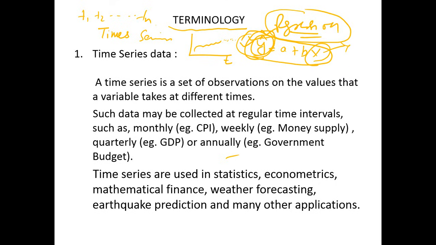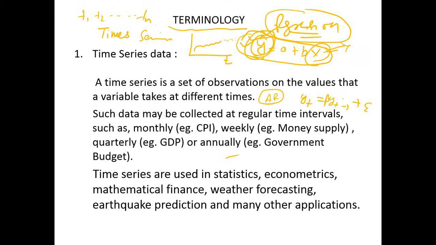In normal regression, you take independent variables to forecast y, whereas in time series regression, you will use, say, yt equals yt minus 1 plus some error. This will be one simple form of model. We call this the AR model. We'll talk about it later. Here you do not use a different independent variable.